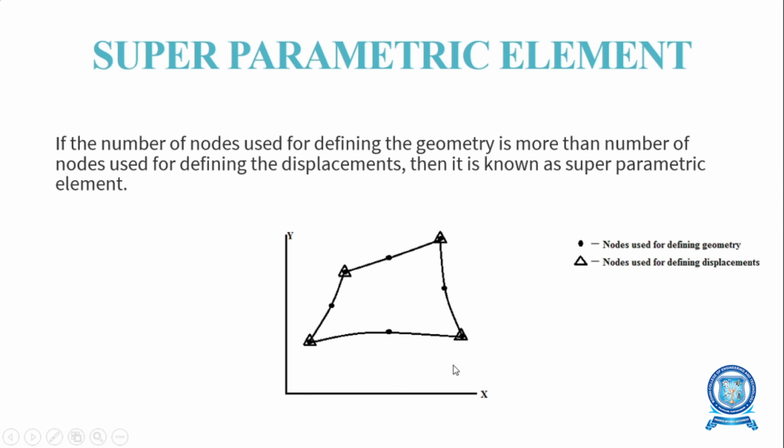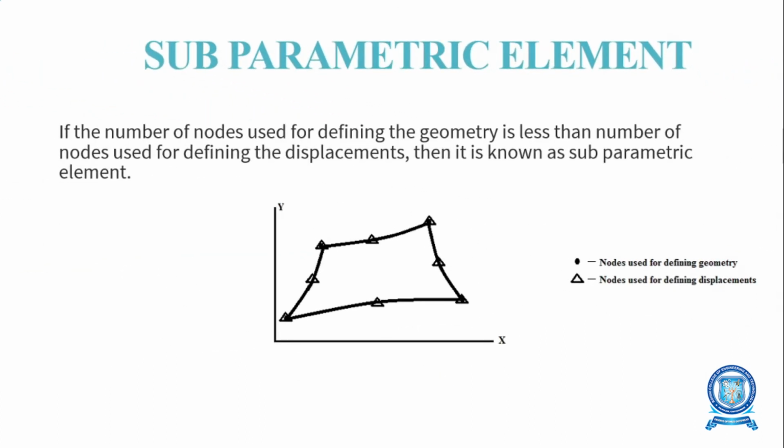Just 4 nodes. So here the nodes defining geometry are greater than those defining displacements. If the number of nodes used for defining the geometry is more than the number defining the displacements, then it is called a superparametric element.